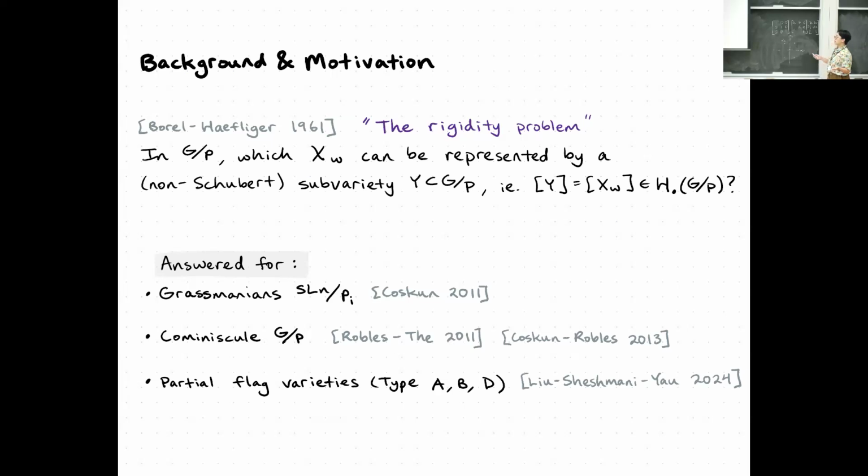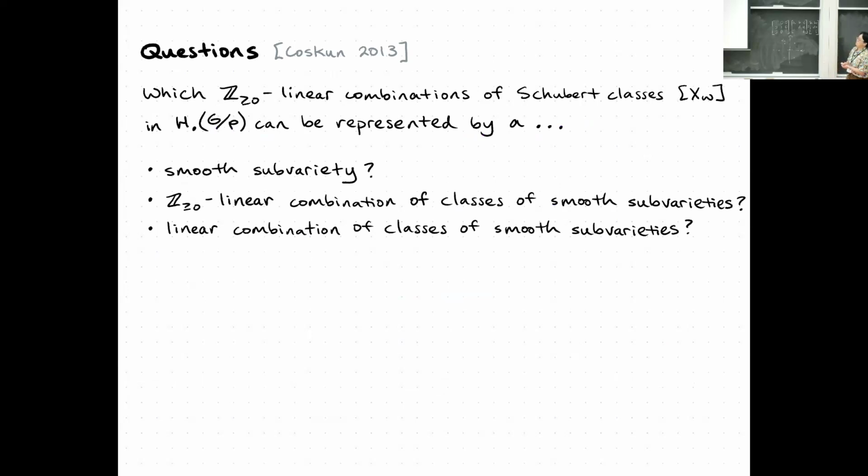That leads us to Hong proposing a family of questions inspired by that original rigidity problem. One set of these is: which effective linear combinations of Schubert classes can be represented by a smooth subvariety, or some effective linear combination of smooth subvarieties, or just a linear combination of smooth subvarieties? Most Schubert varieties are singular, so that's why you might be interested in smooth representatives.